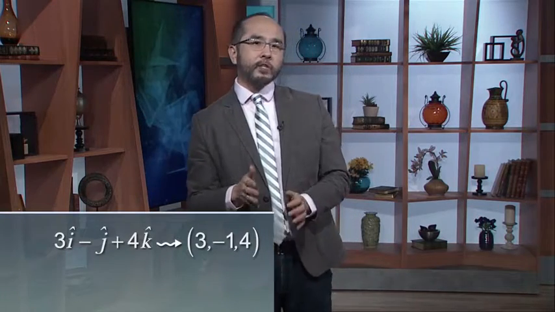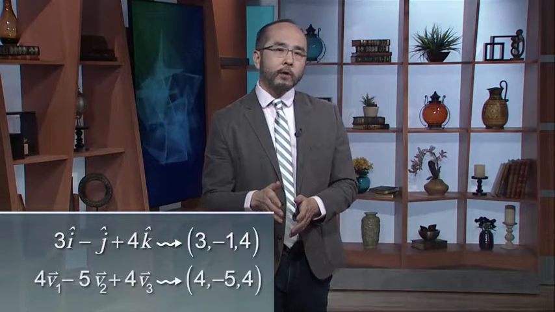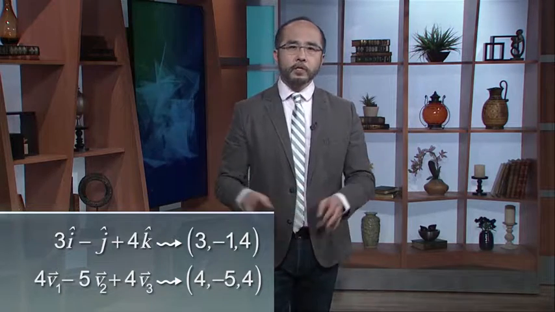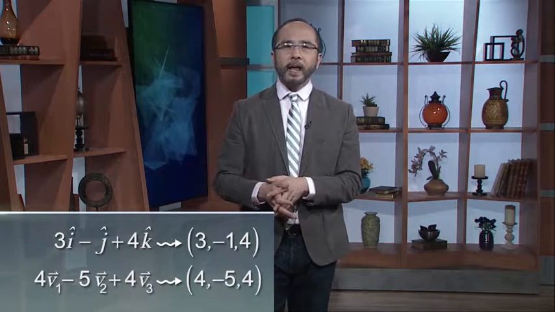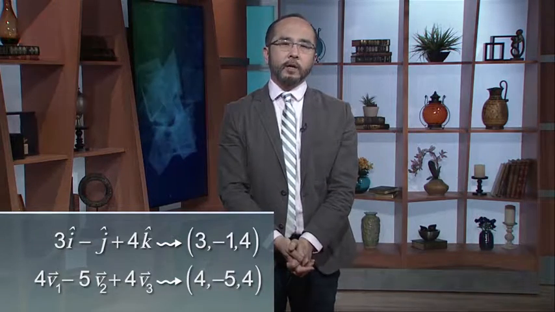So for example, the coordinates of (3, -1, 4) with respect to v1, v2, v3 earlier are 4, -5, and 4. These coordinates are basically telling me how much to fire my rocket thrusters in particular directions. Any other basis will produce coordinates with respect to a different set of thrusters.